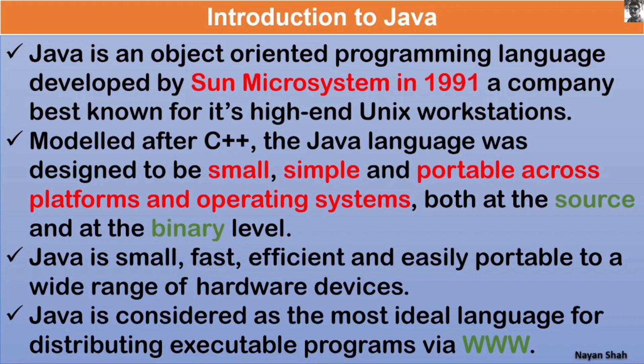Because the World Wide Web spans many different machines and many different operating systems. Java has the capability to run on all these different machines, operating systems and platforms. That is why Java is considered the most ideal language for distributing executable programs via World Wide Web.